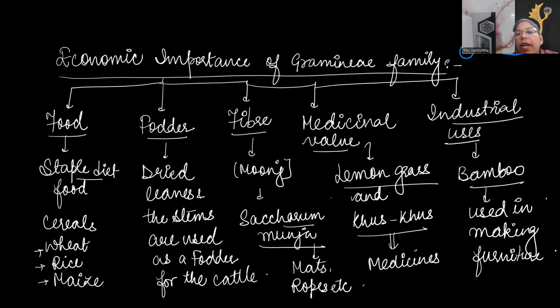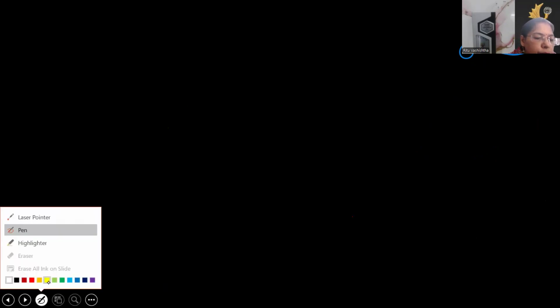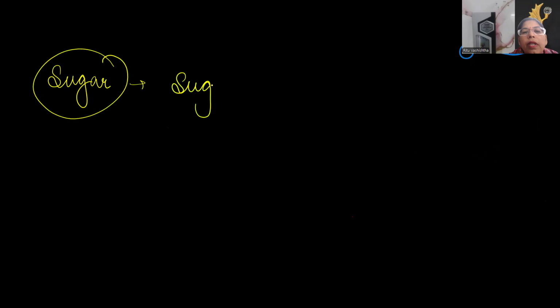Besides food, fodder, fiber, medicinal value, and the industrial uses, you will find there are certain plants which are used as a source of sugar. Globally, it's sugarcane, which is known as Saccharum officinarum.